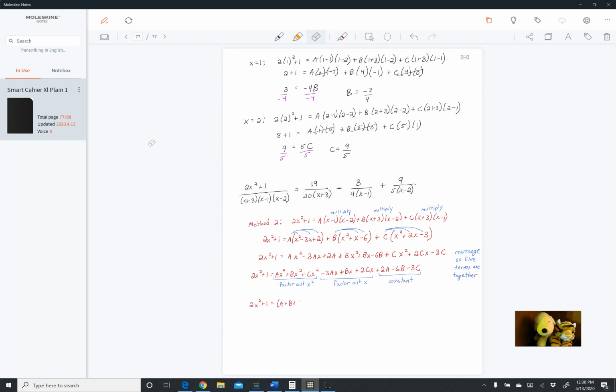Then we have plus negative 3a plus b plus 2c times x. And then the last part, we're just going to put it in parentheses so that we know it's together.